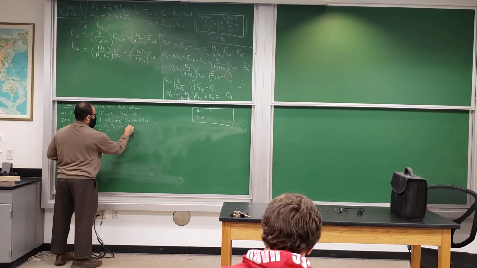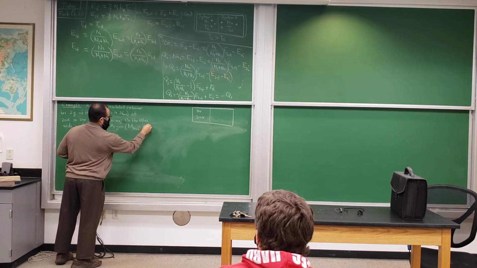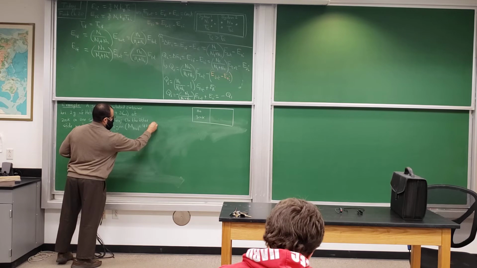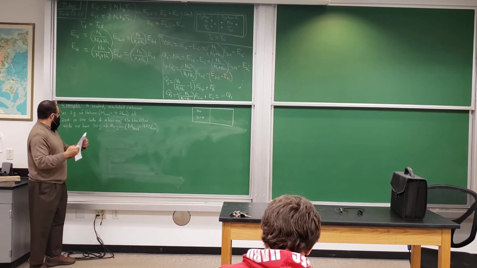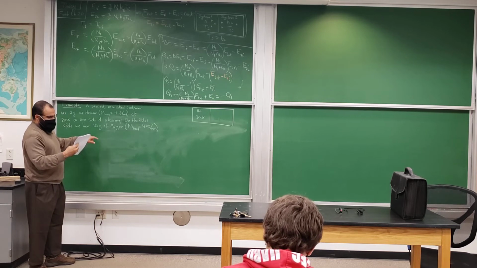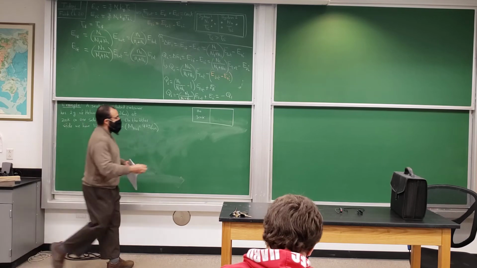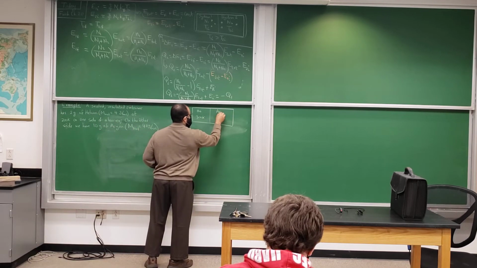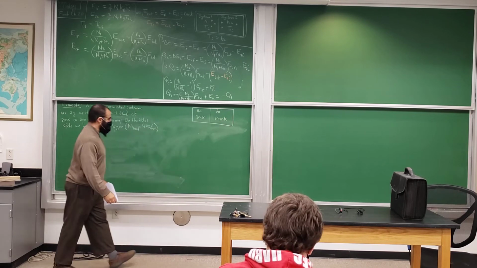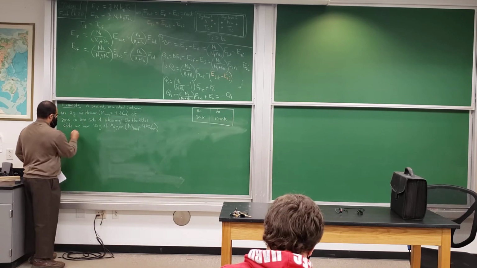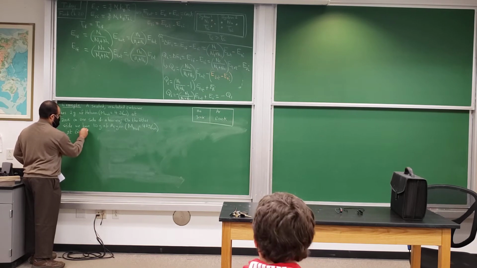And argon would have a molar mass of 40 grams per mole, I believe. Yeah, it is 40. And this argon has an initial temperature of 600 K. So argon here is at an initial temperature of 600 K.